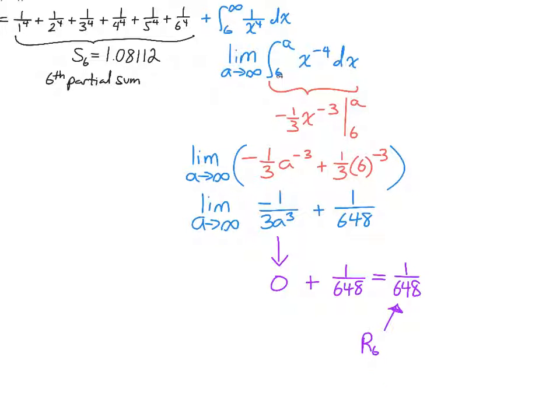All right, 1 over 648 is a very, very small number, which is telling me that my approximation of that infinite sum could only be off, if it's off, by at most 1 over 648. Would you say that's a bad approximation? No, not at all, right? 1 over 648, that's pretty good.